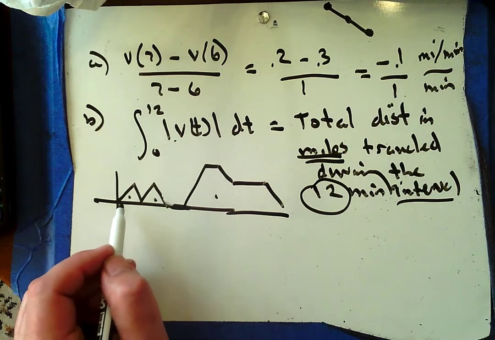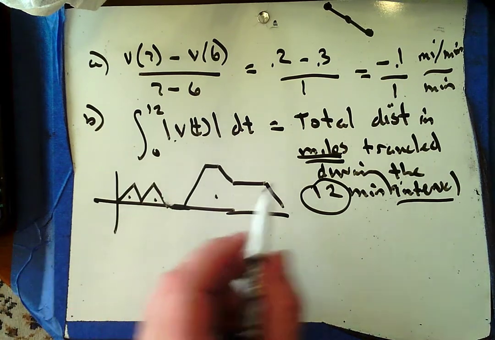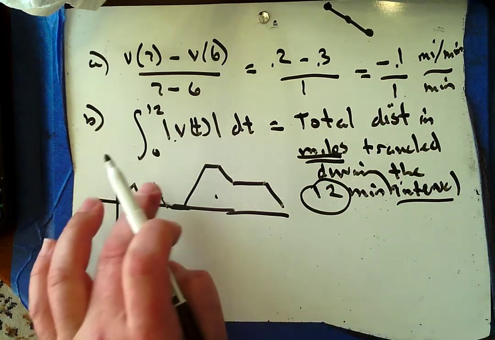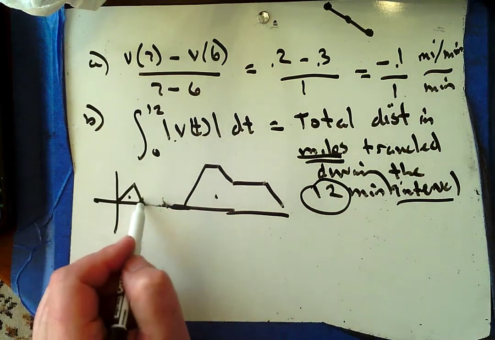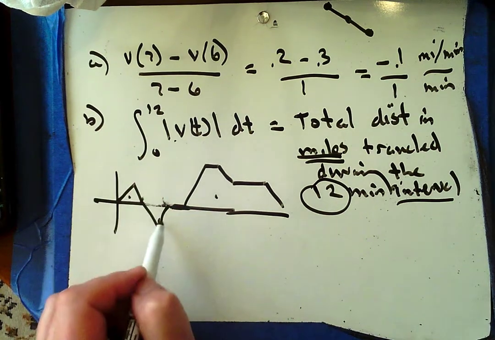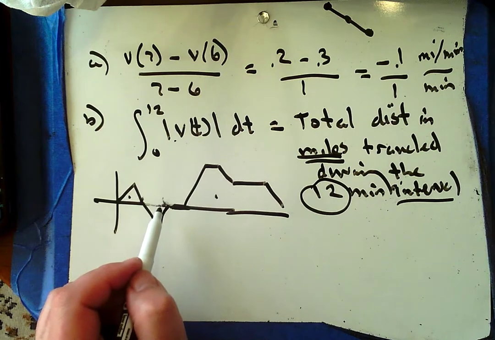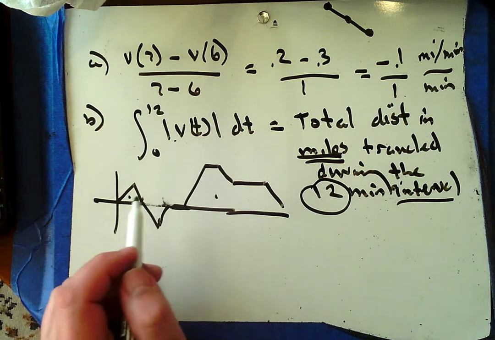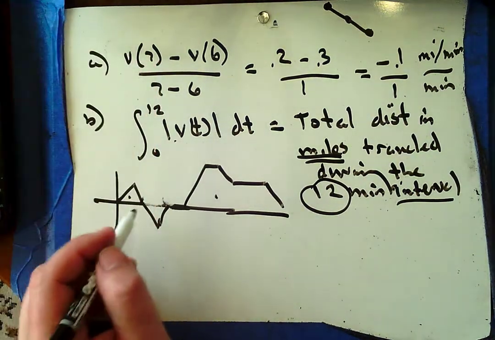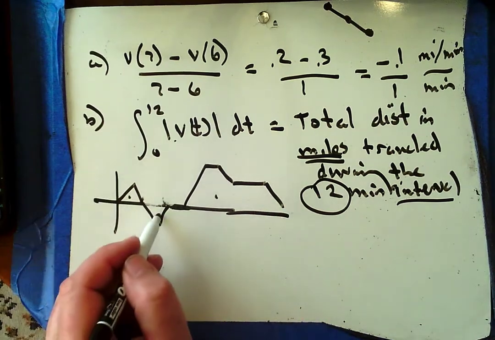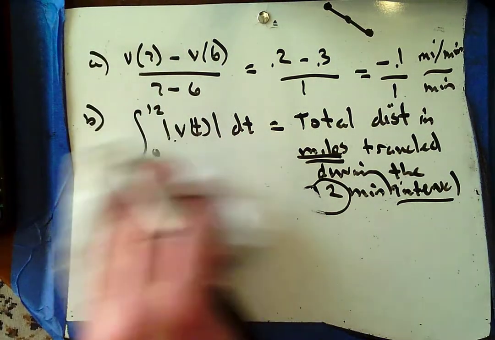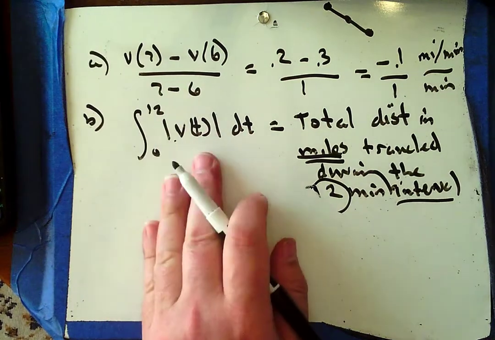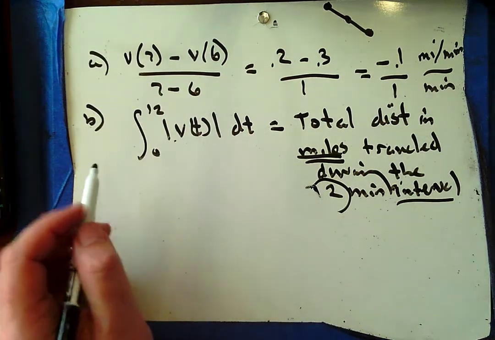All of these are positive. I add up all those positives and I'm going to get the total distance traveled. Integrating velocity is the net change in position as opposed to total distance traveled, because I'd have to do this positive area minus this negative area. But here we're doing absolute value, and when we integrate speed, we get total distance traveled.